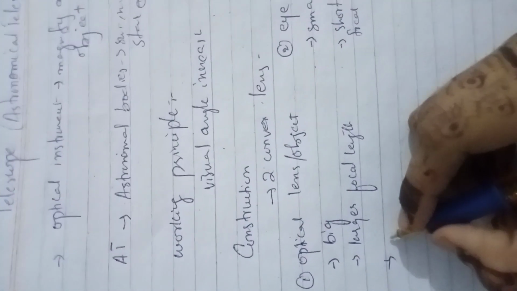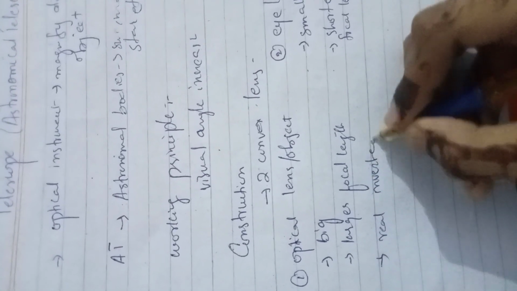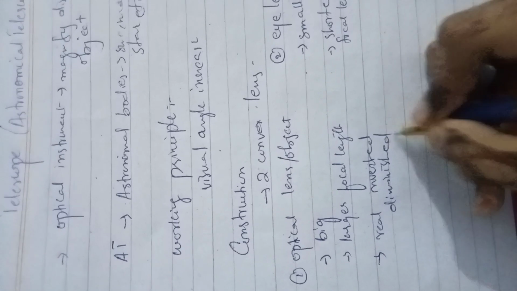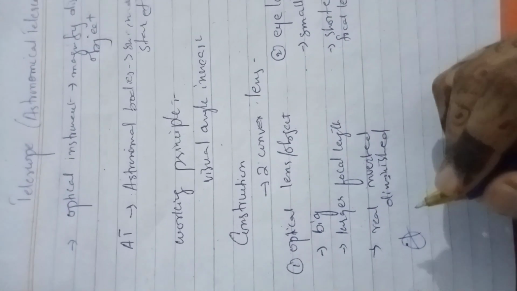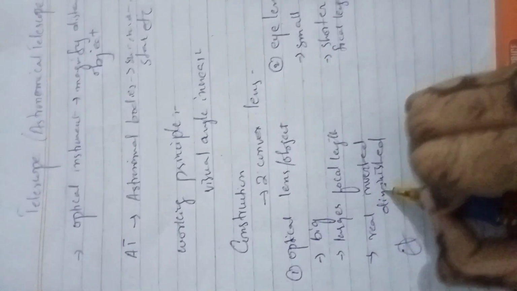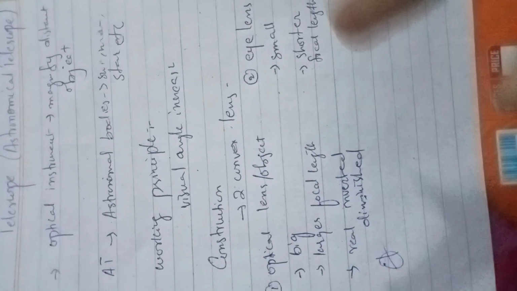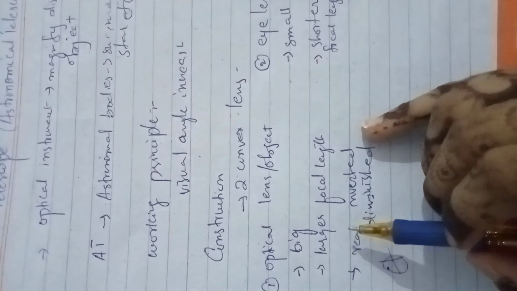Then the image that will form here will be real, inverted and diminished, very small. Inverted because these are the astronomical bodies. Okay, so these are at infinity, so the image will be real, inverted and diminished.